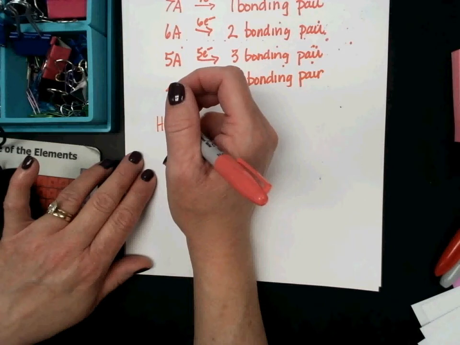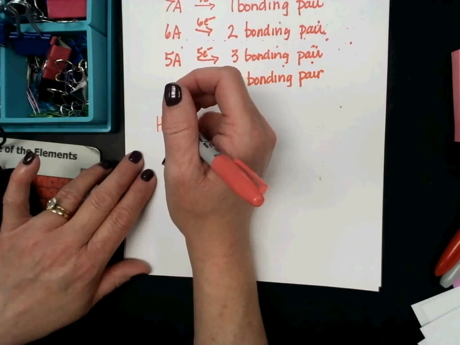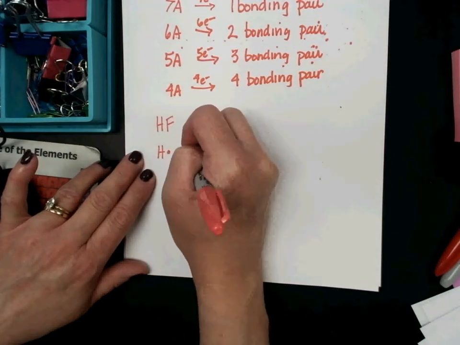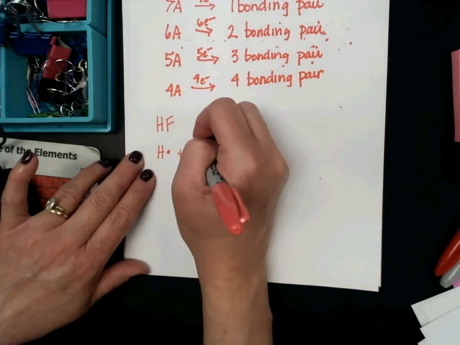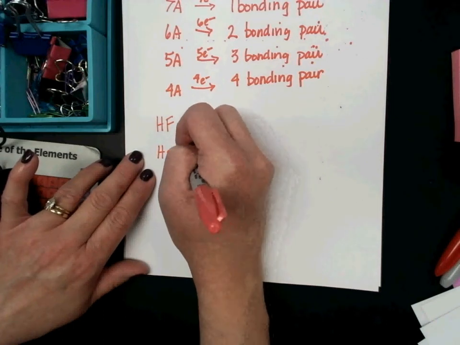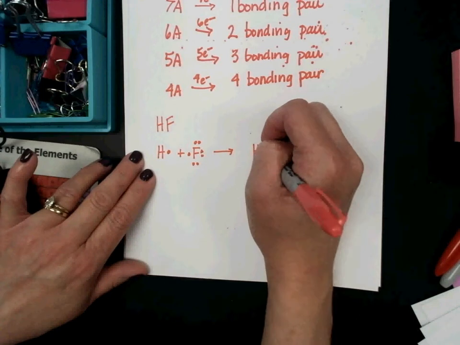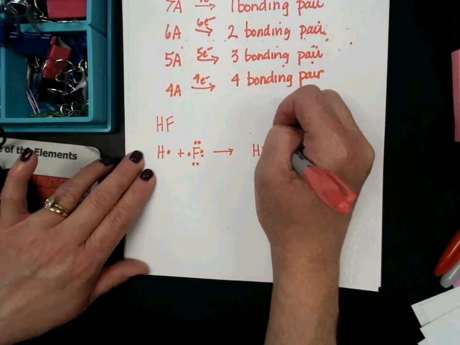So let's look at hydrogen fluoride. And let's say they're going to form a bonding pair. So I know that I have H with 1 electron plus fluorine with 7.